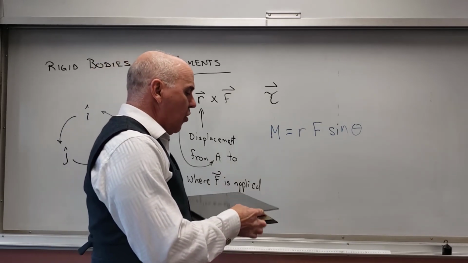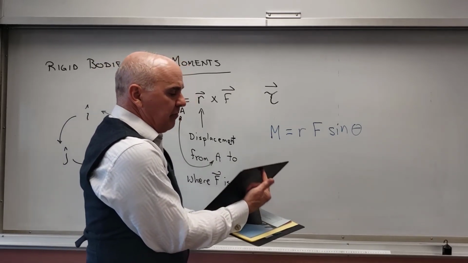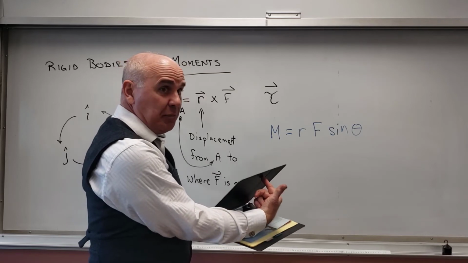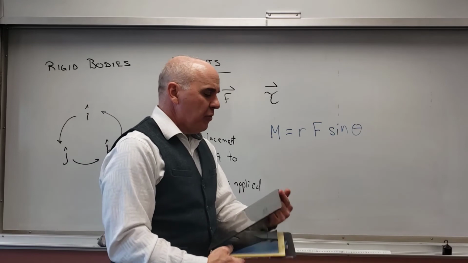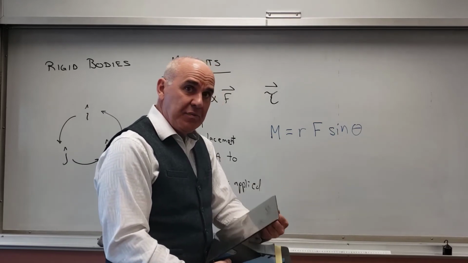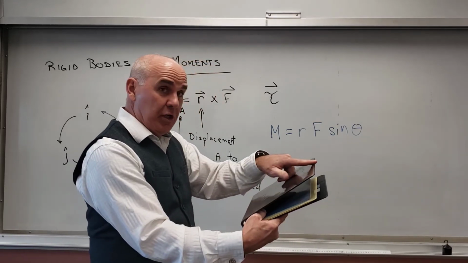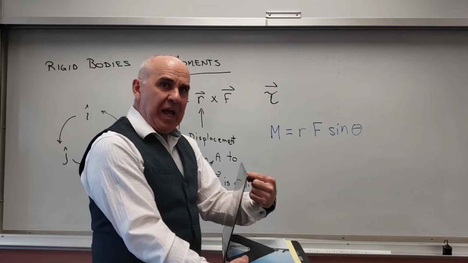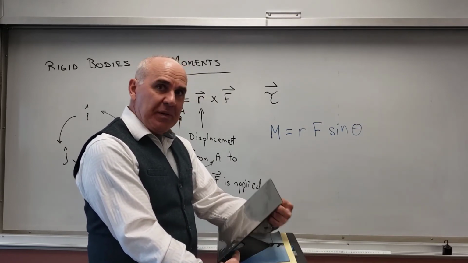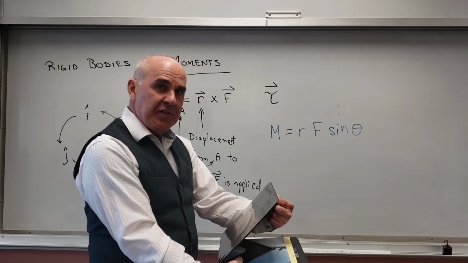So when I go to open this binder, if my force is perpendicular to the radius vector, so the radius vector is along the binding, and then my force is perpendicular, I'm getting maximum moment there because the sine of 90 degrees is 1.